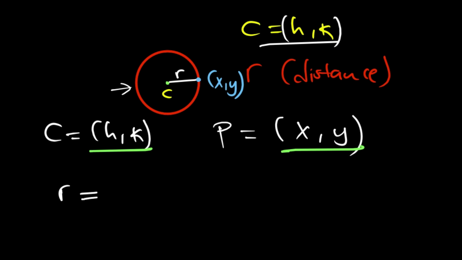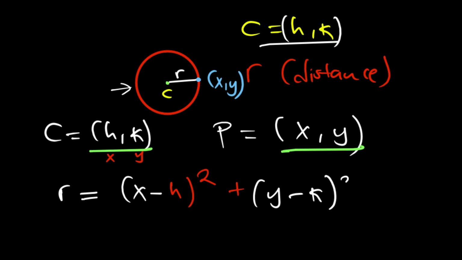So you start with the x minus, and in terms of our center, remember your h is representing x, your k is y, so that would be x minus h squared plus y minus k squared. We're supposed to add a square root to that, and there we are.